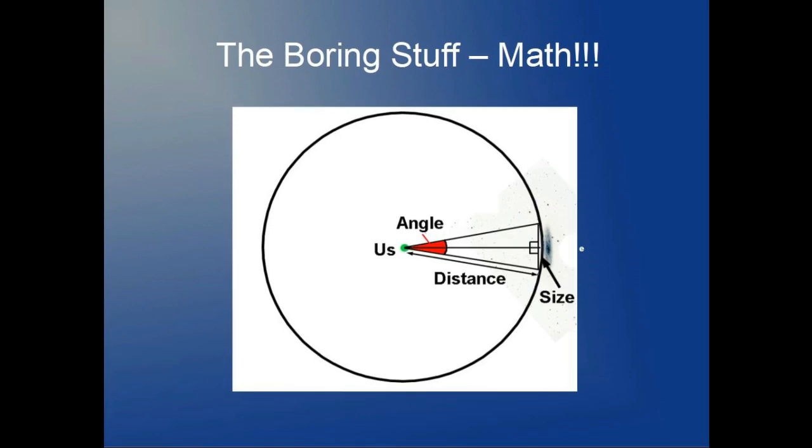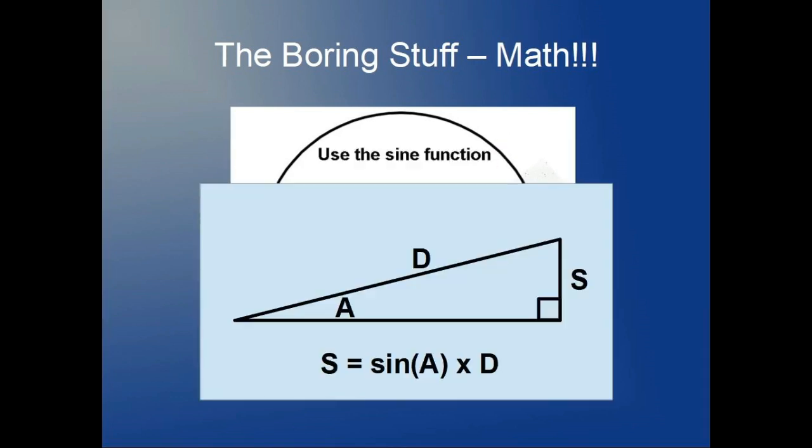Let's add a couple of lines to the diagram. First, we'll join the ends of the two long lines where they touch the circle. This will create a triangle, and the new line will represent the size of the galaxy. Then we'll draw another line, cutting the triangle into two halves, so that we end up with two smaller, back-to-back right-angled triangles.